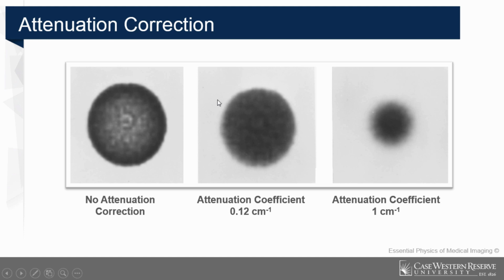One example here. This is a cylinder phantom filled with water, radioactive water. It should be uniform, but it's not because we didn't do attenuation correction. On the edge, it's okay. In the middle, it gets attenuated. We need to correct. The other thing I need to ask you is about those ring artifacts. What are those? How are they formed? Think about this.